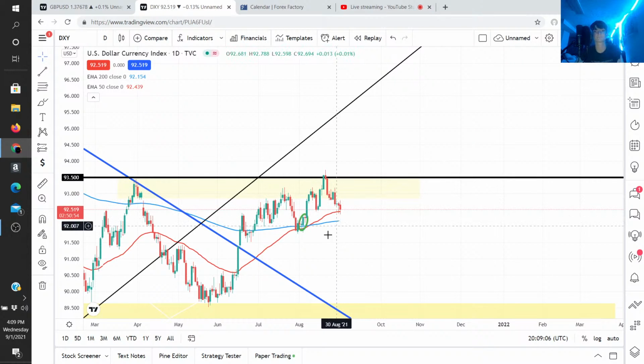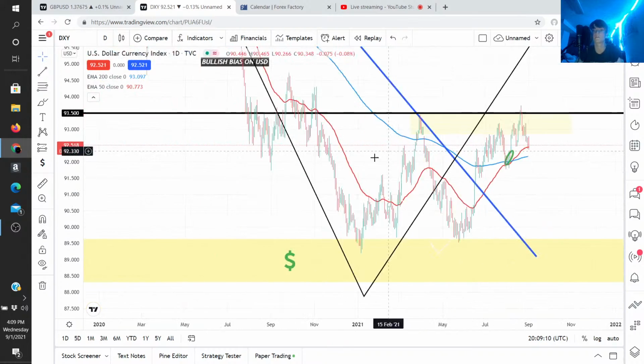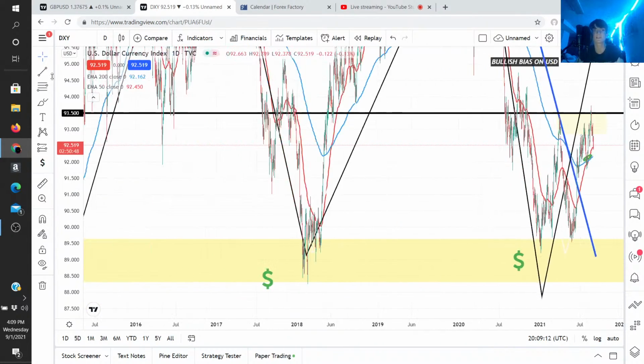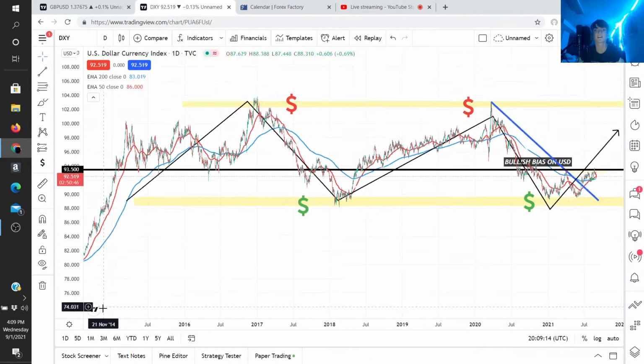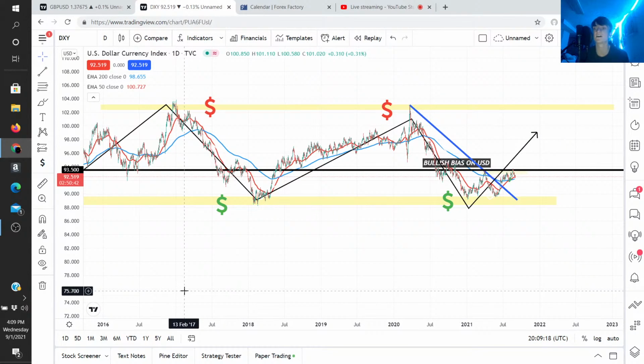On top of that, I wanted to speak on the higher time frames specifically today, because I am really looking at the US dollar currency index. I am trying to show you guys the importance of looking at a top-down analysis.